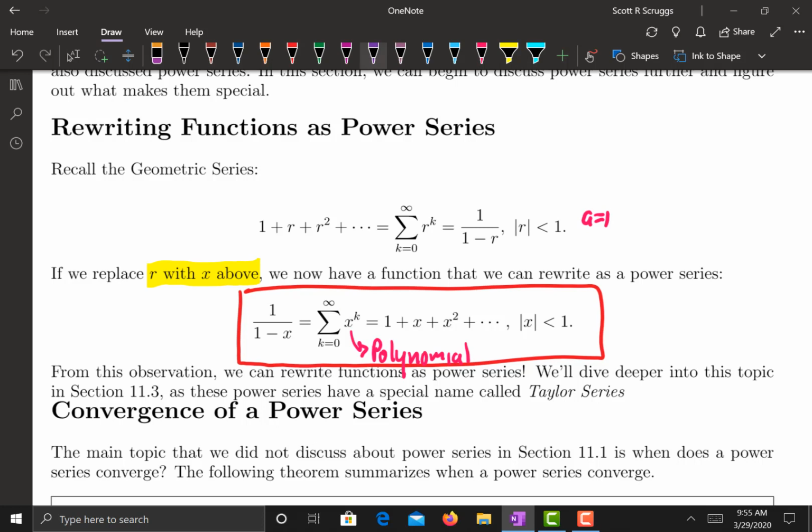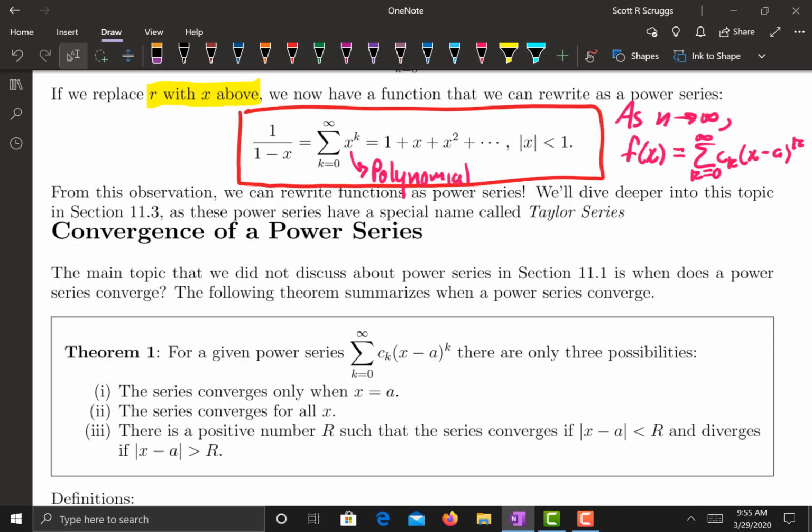That's going to be an observation, especially when we get to section 11.3, that as n goes to infinity, f of x can become a power series. I'll just write the general expression below, and we'll talk about in section 11.3 that those power series have a special name called Taylor series.